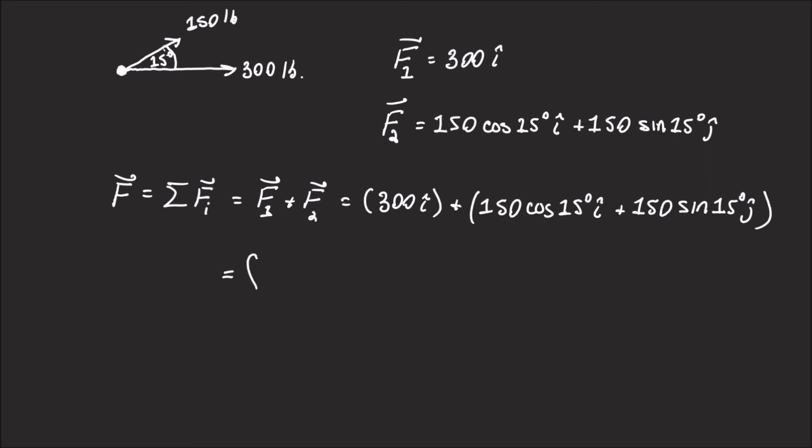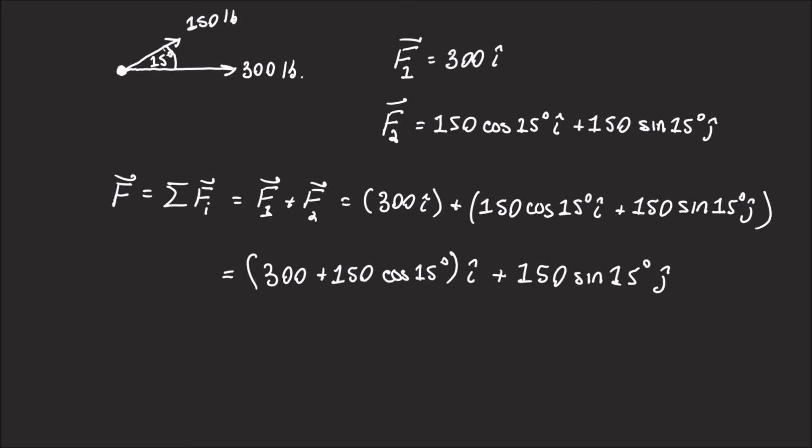That is, it's 300 plus 150 cosine of 15 degrees, i goes on the outside, then plus 150 sine of 15 degrees j.